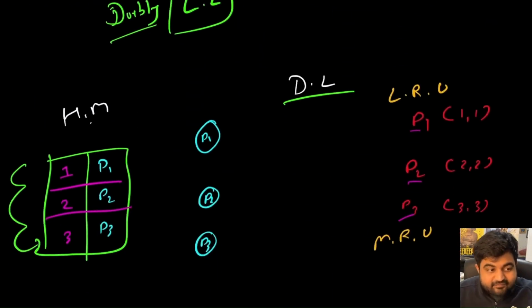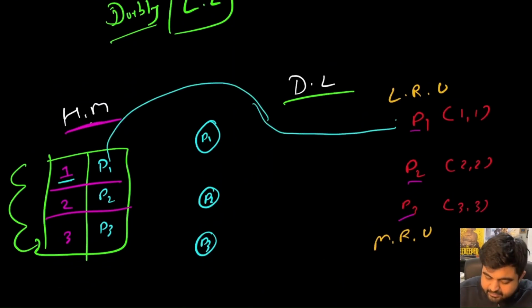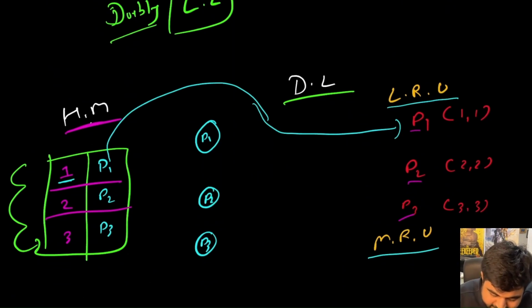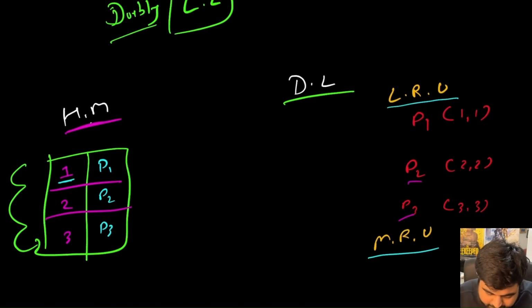But in this case, we have the additional benefit that because we have the hash map, based on any particular key location, we can directly find where that particular value is located inside the existing queue. And all we are concerned about is storing least recently used and most recently used values. So now we are going to start manipulating these values. So let me just clean this up a bit, and now we are going to start working our magic.